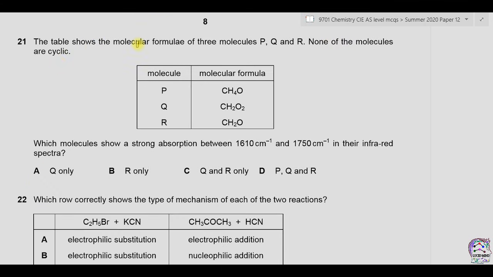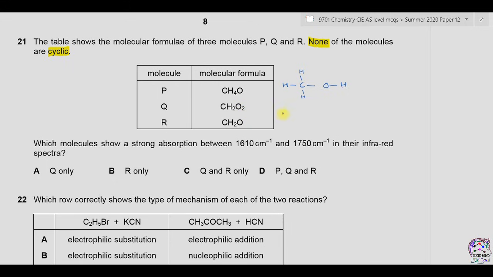Question 21. The table shows the molecular formula of three molecules P, Q and R. None of these molecules are cyclic. Let's first draw the structural formula for these three given compounds. First is CH4O, so we can write this, so P is a primary alcohol.